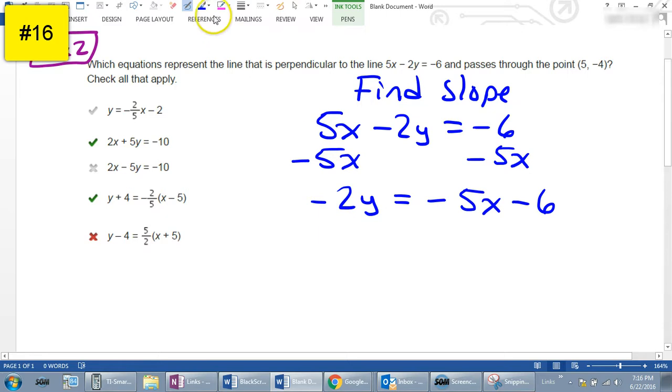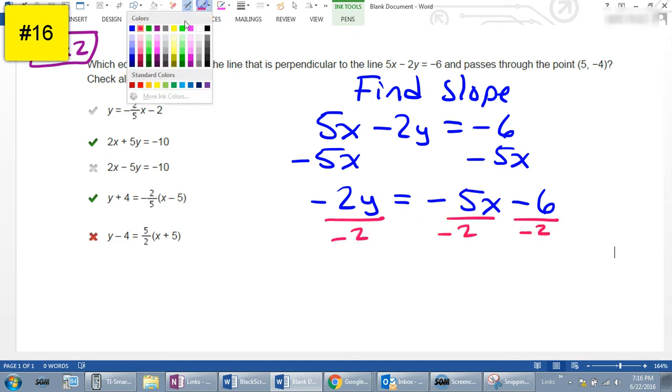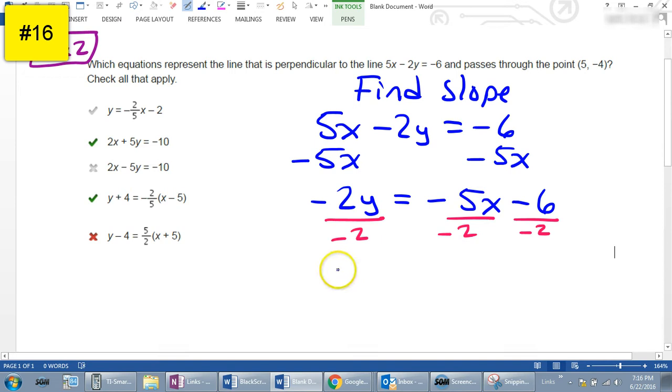And then I'm going to divide everything by negative 2. So that's going to give me y equals, notice the negative divided by negative is a positive. So I'm going to say positive 5 over 2x plus 3.